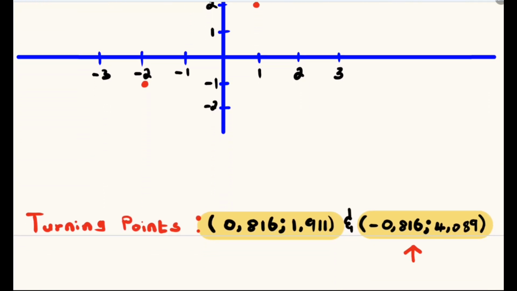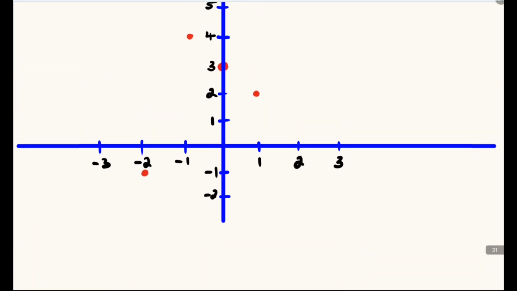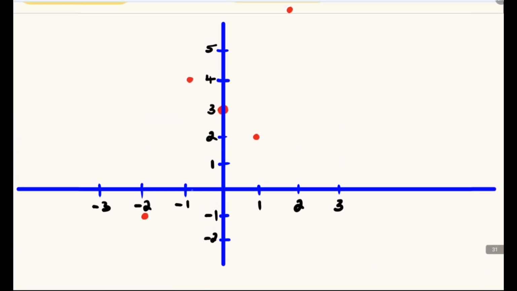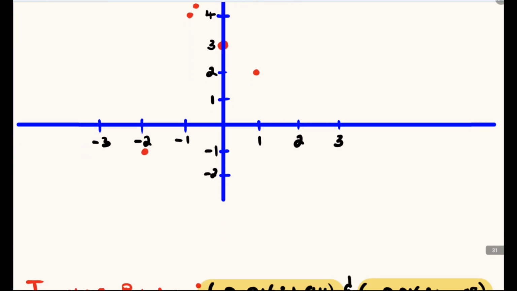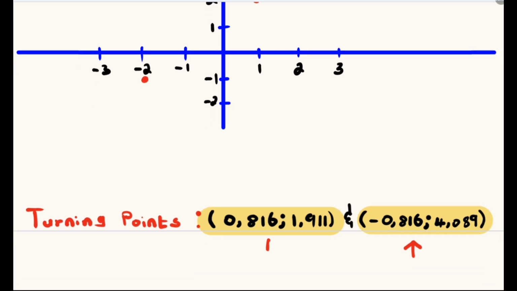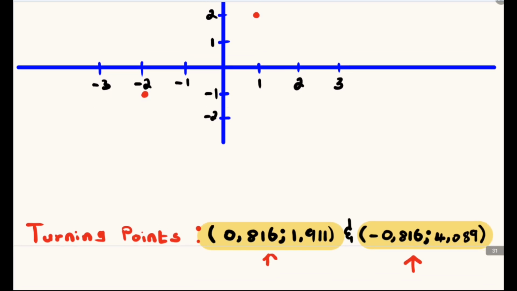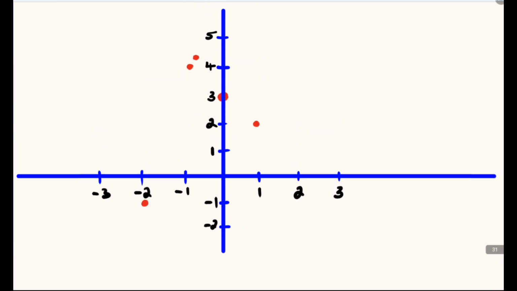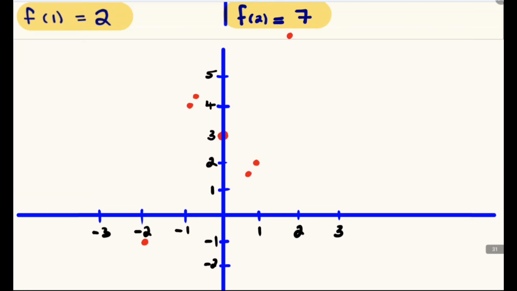Our turning points, we start with the -1, -0,816, and 4. So we have it around 4,1 around there. And the positive 1, 0,816 and 1,911 somewhere there.